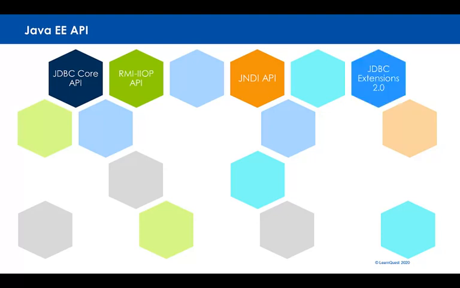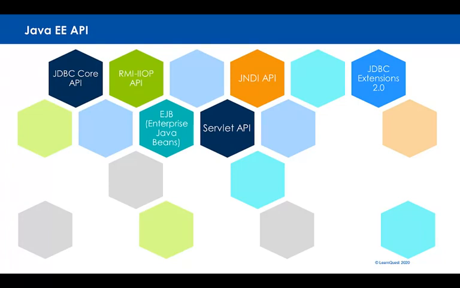There are extensions to JDBC that are specific for Java EE. There are EJBs, servlets, which provide web interface. Technically, if you read, you'll find that the servlet API was supposed to be agnostic to what protocol, but it is almost exclusively used for the HTTP protocol.